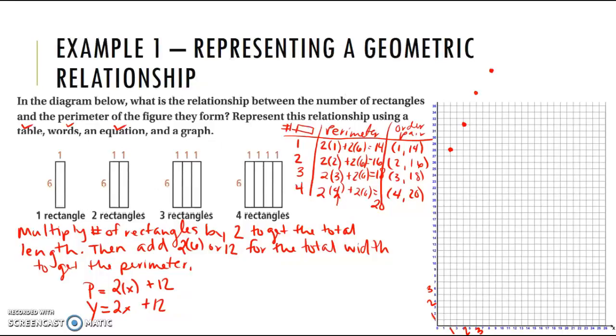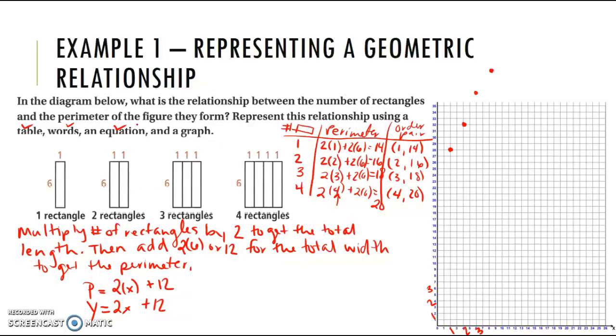So, represent this function using the table. So we took the table, we used the perimeter equation in order to find our output.